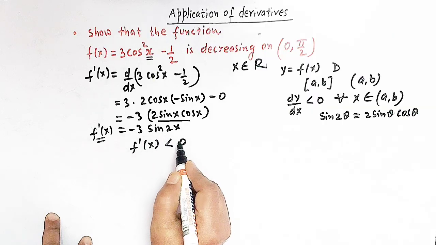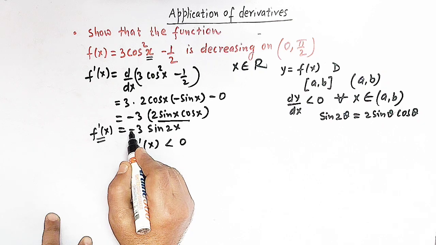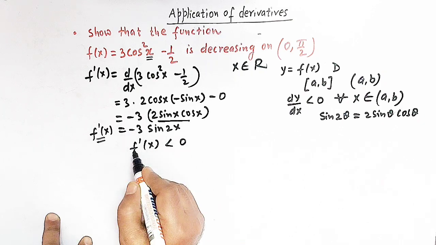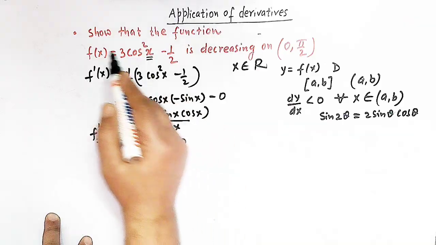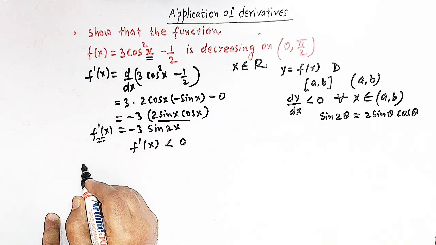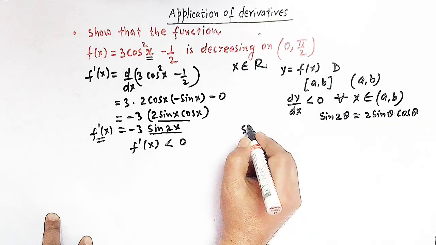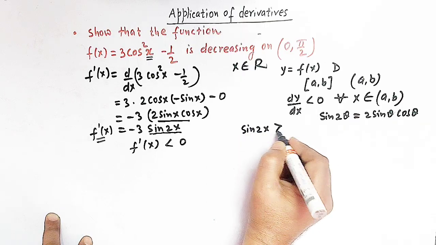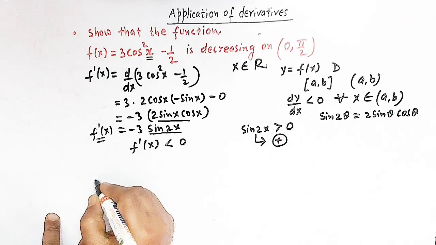So here we are concerned with only the sign. So f prime of x should be less than 0 for f of x to be decreasing. So it implies that sine 2x must be greater than 0, or sine 2x should be positive, right?